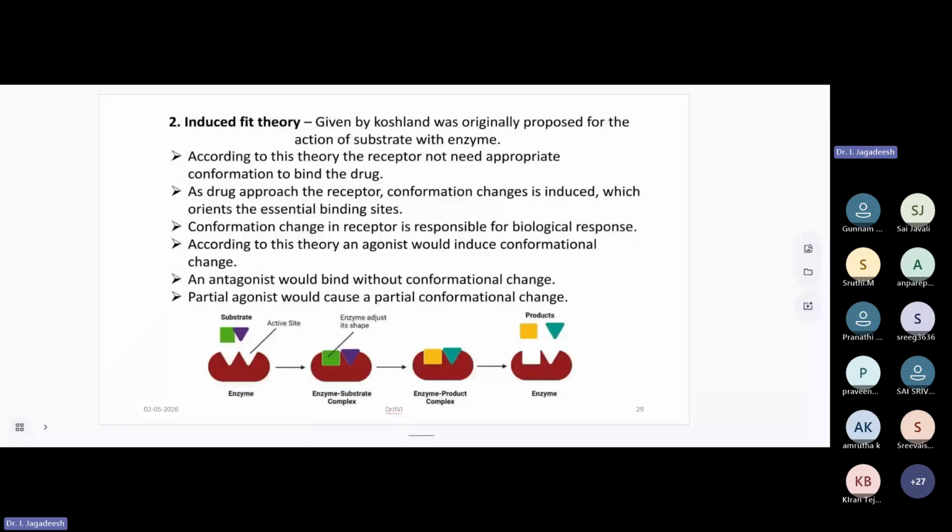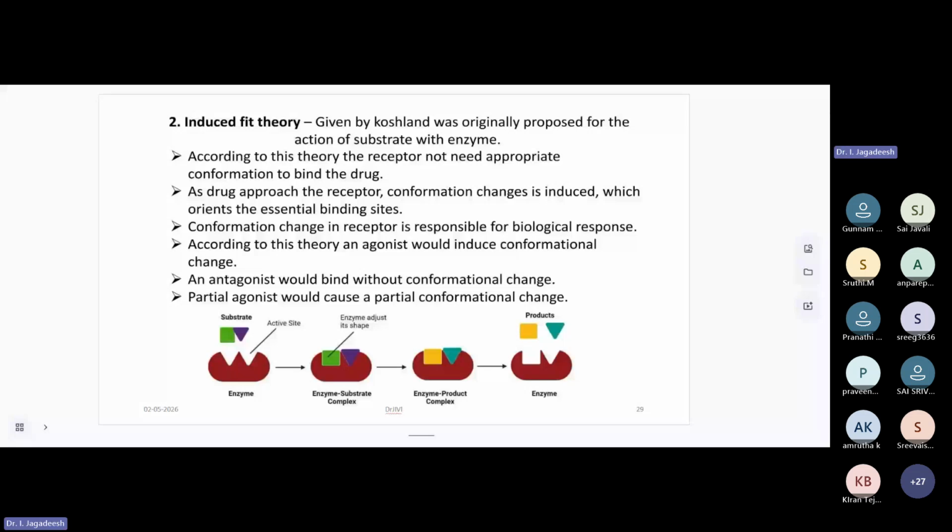But according to the induced fit theory, the substrate, which we give as a square and triangle, will fit into the enzyme, and the enzyme or receptor will take the shape of the ligand.